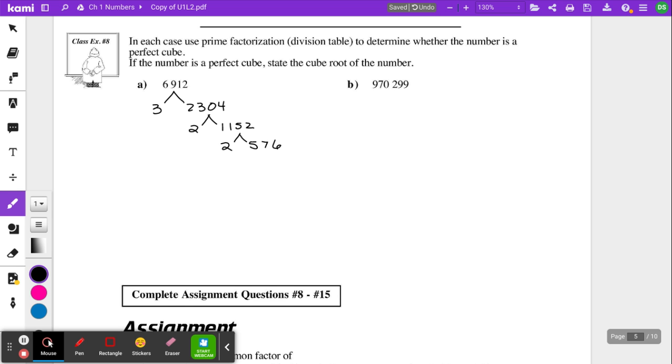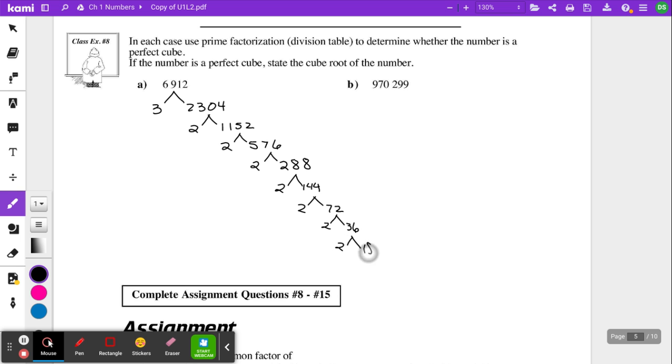Cool. Making it up as I go. All right. 2 again. 288. Someone checking me? Yes. Totally making this up. So, okay, I'll go 2 again. That's easy. 144. 2 again. 72. 2 again. 36. Oh my word.